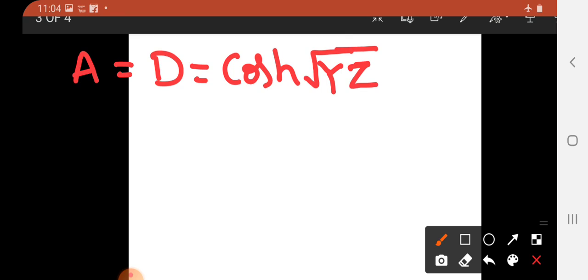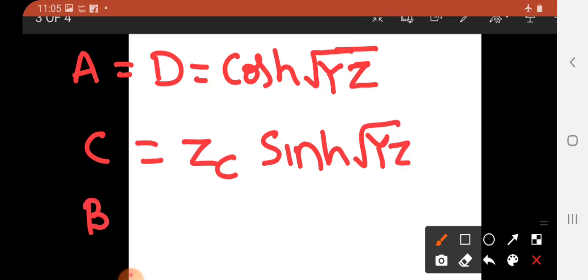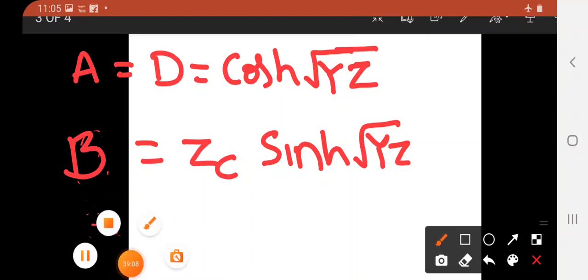Yes, next, what is C? Sorry, B is equal to Zc into sinh root yz.